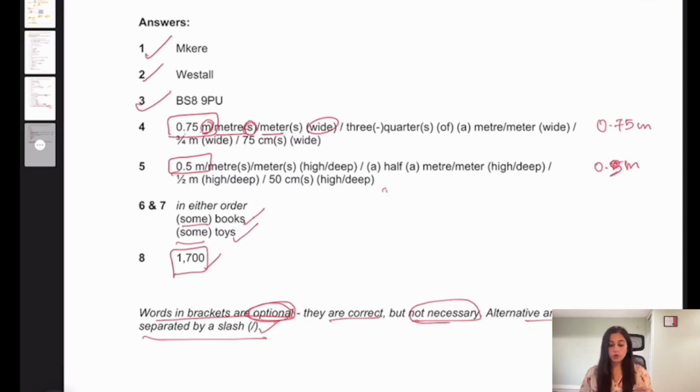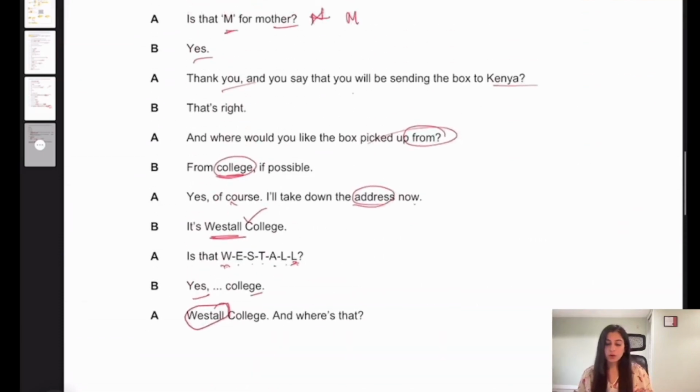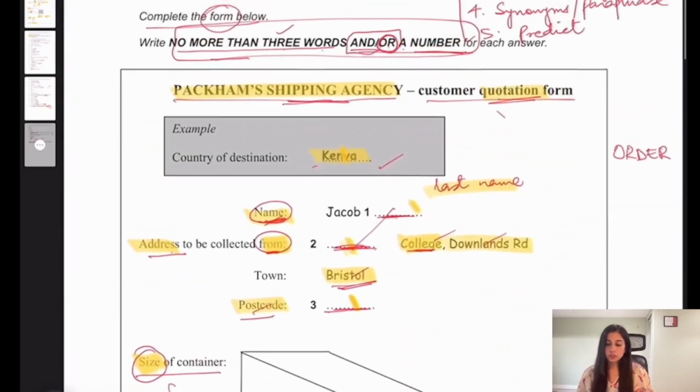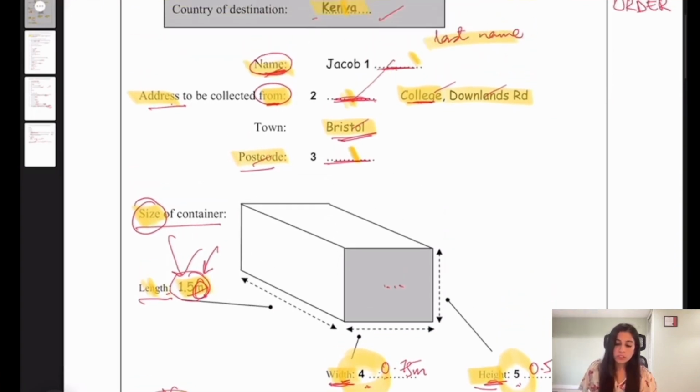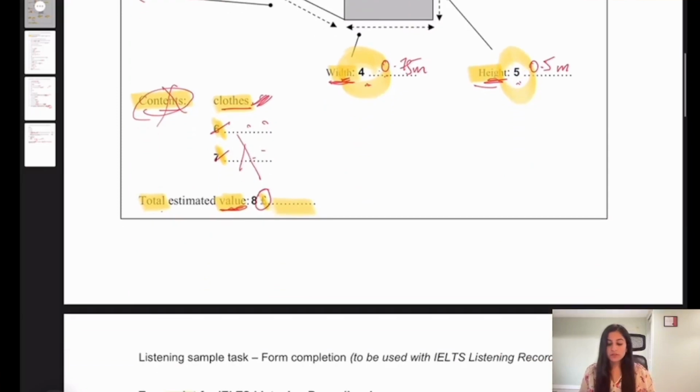I told you, look out for changes or listen to the entire conversation. Don't miss out anything in the conversation. So that's about it for this kind of question, the form completion question. Now you notice that all of these were followed by colons. So you don't have to give a complete answer.